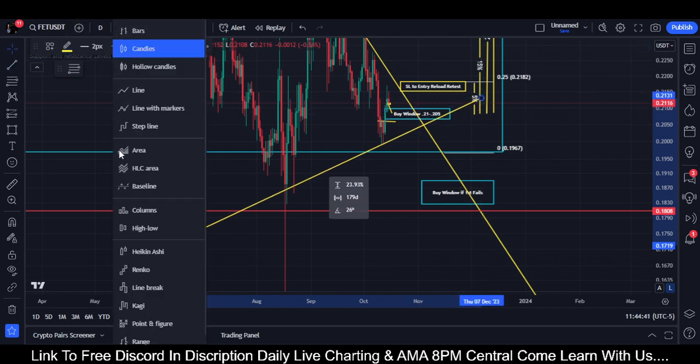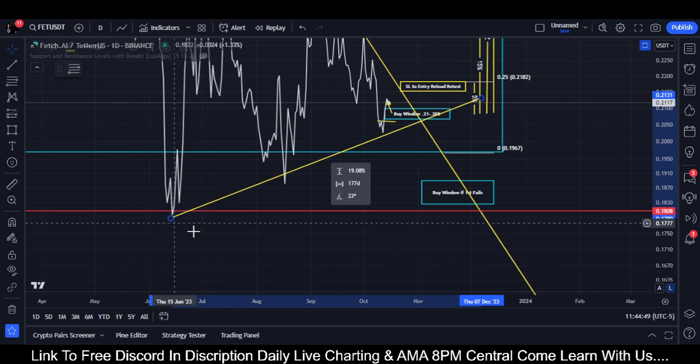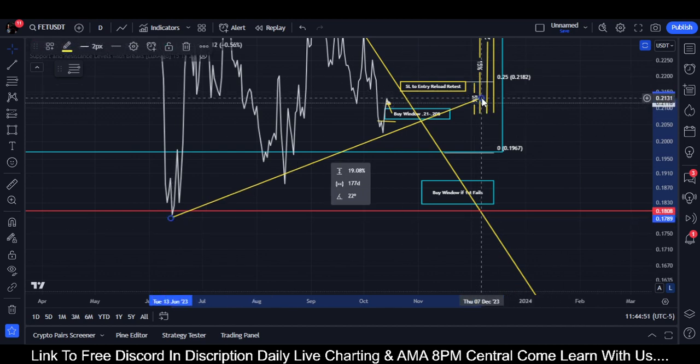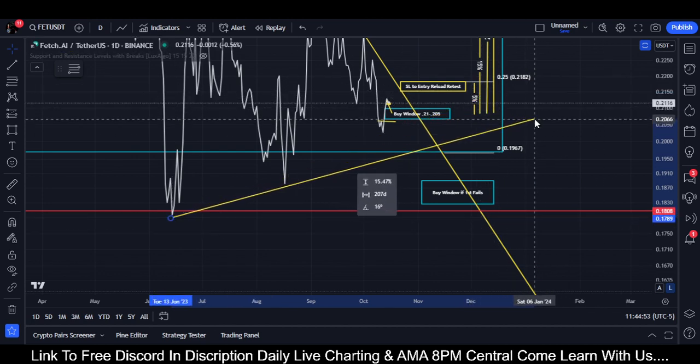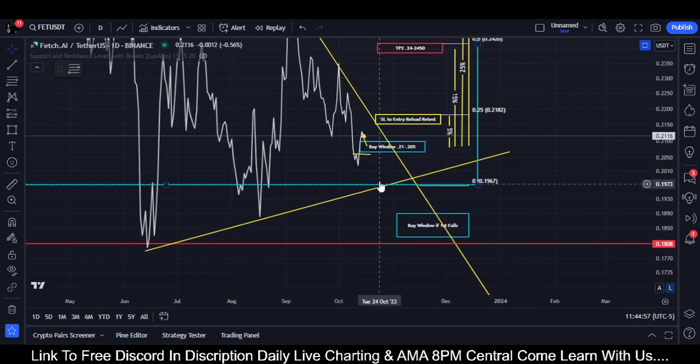Wonder if we look at the close prices, what that trend looks like. So this does give us room to come on down maybe one more time and close at the bottom of that range before we pump.